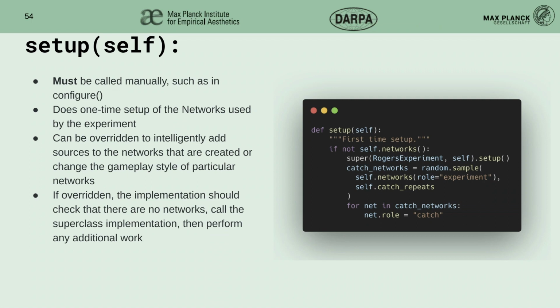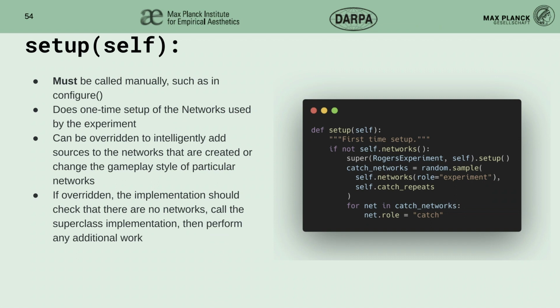So when you do self.networks, what Python does in the background is it says, have I already checked this in this request? If so, I have a copy of the networks I can just give you. If not, it transparently goes to the database, does a database query, pulls that data out, instantiates the network object, and then gives it to you. So the designer of the experiment is responsible to handle consistency entirely through the database interactions. It will generally be completely transparent because it's done on the base class of experiment.